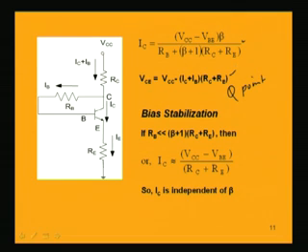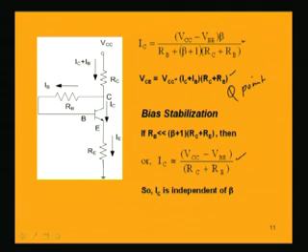So we know the Q point, which is defined by IC and VCE. Now what about the bias stabilization in this circuit? If RB is very small compared to (beta plus 1) into (RC plus RE), then we can write approximately IC equal to (VCC minus VBE) into beta divided by (beta plus 1) into (RC plus RE). We can cancel beta and beta plus 1, and the final expression will be IC approximately equal to (VCC minus VBE) by (RC plus RE).